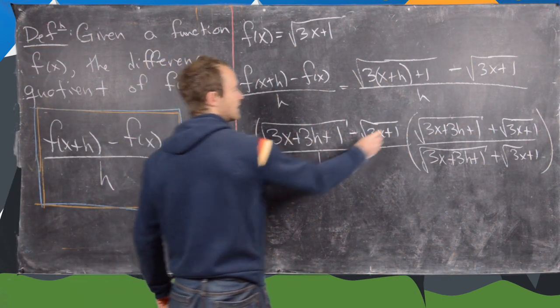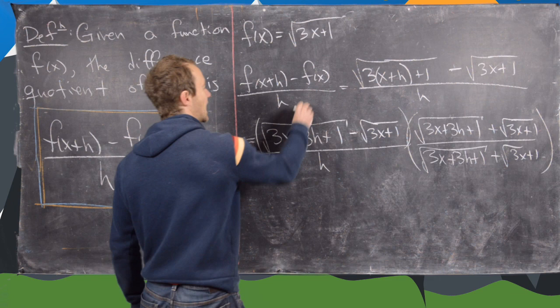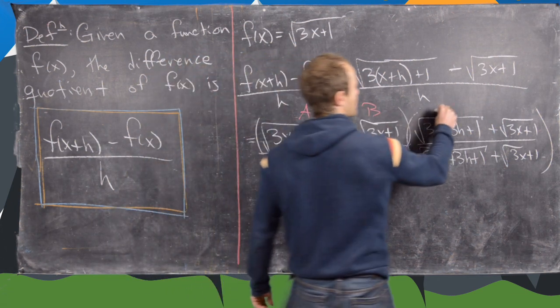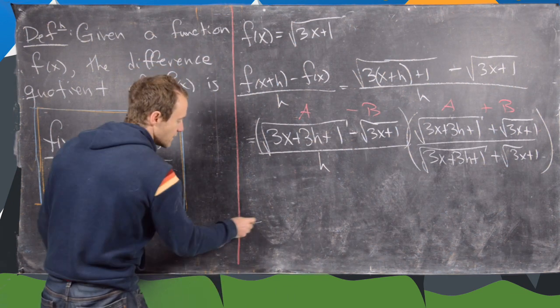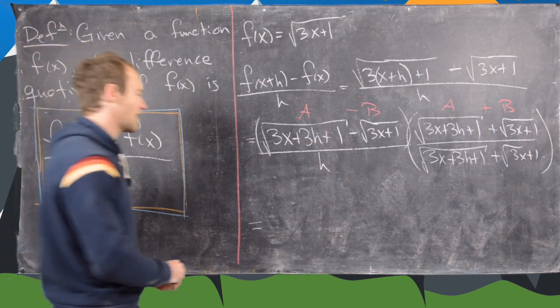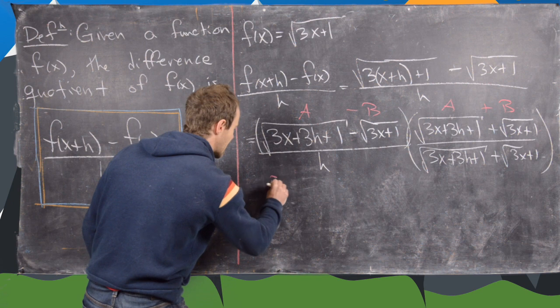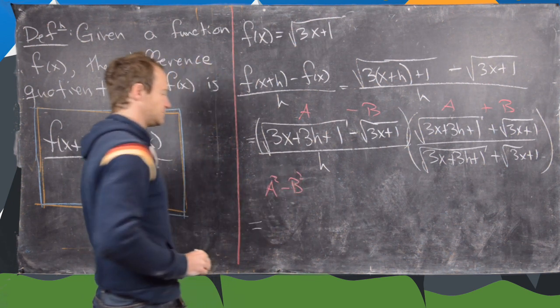And now notice in the numerator, I have an a minus b, a plus b type situation. So I know that multiplying out binomials of that form will give me something like a squared minus b squared.